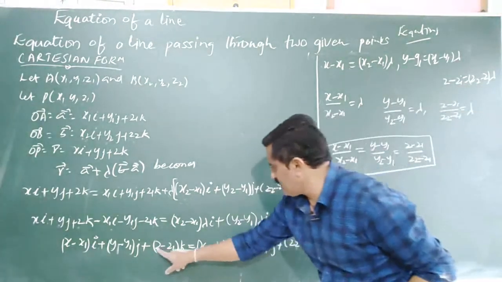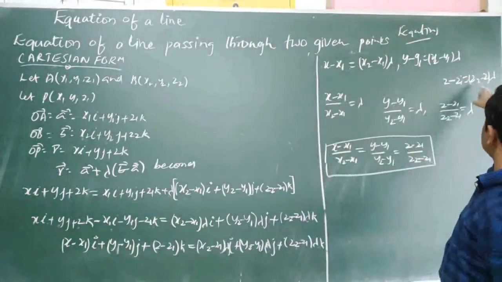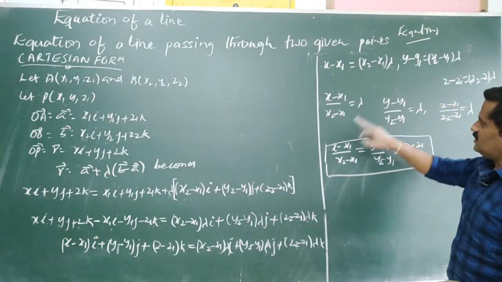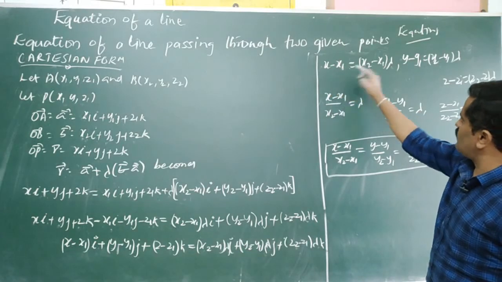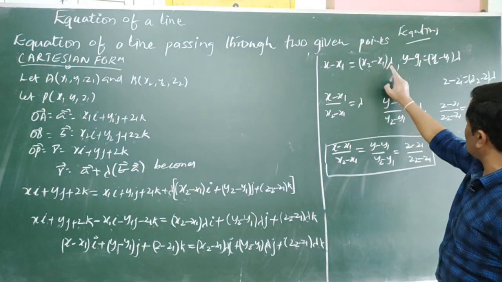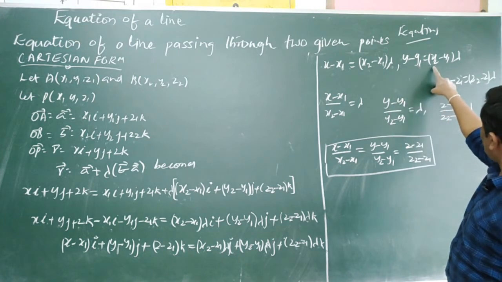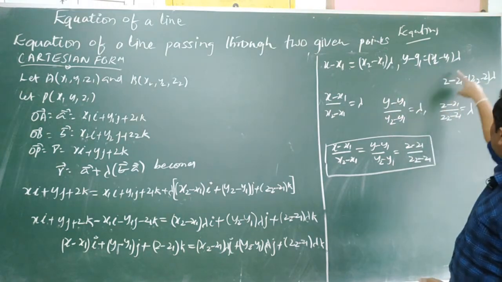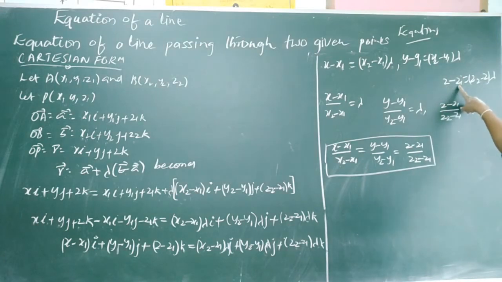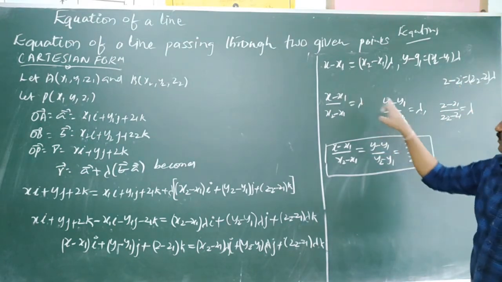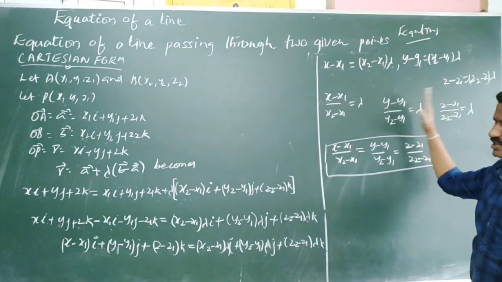Again z minus z1 is equal to z2 minus z1 of lambda. So finding lambda, x minus x1 divided by x2 minus x1 is equal to lambda. Similarly, y minus y1 divided by y2 minus y1 is equal to lambda. Then z minus z1 by z2 minus z1 is equal to lambda. So every term is equal to lambda, therefore equating each term.